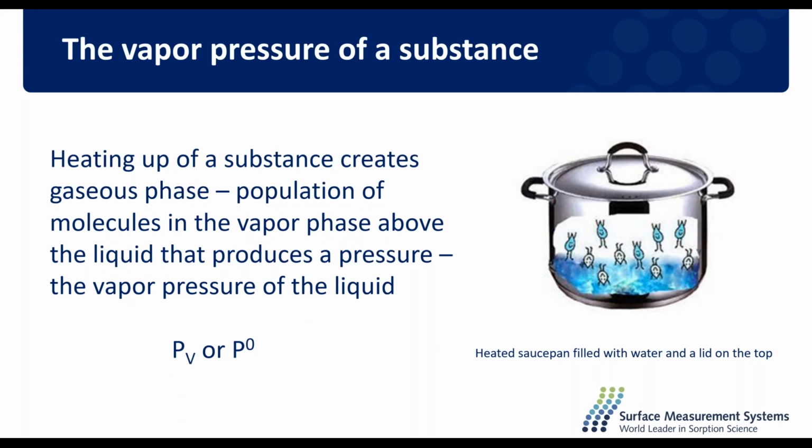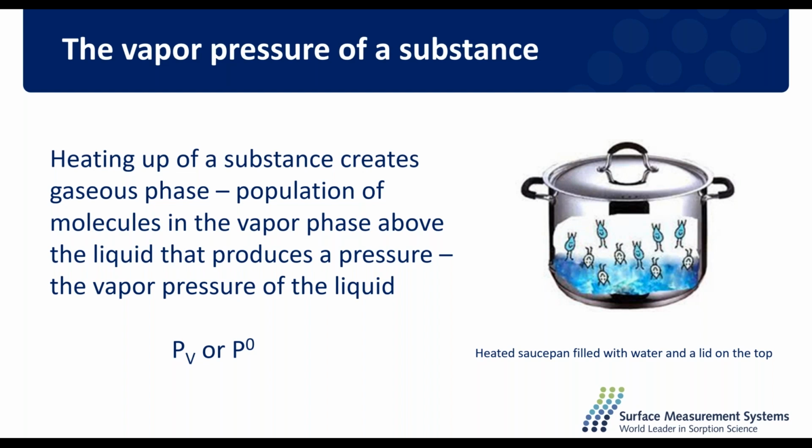So this is the most common way you encounter vapor pressure in daily life, and provides an intuitive understanding of vapor pressures, where you have a heated saucepan filled with water with a lid on top, and you leave it on the hob for a while, and the lid flies off because of the accumulation of steam and vapor as the temperature increases.